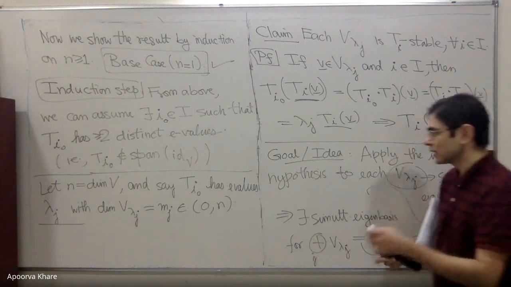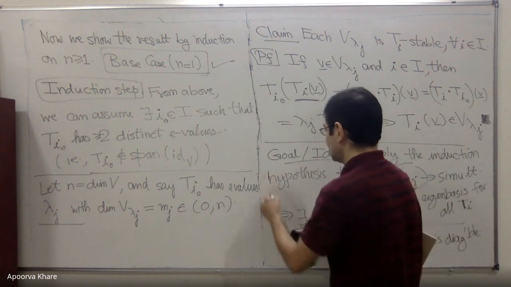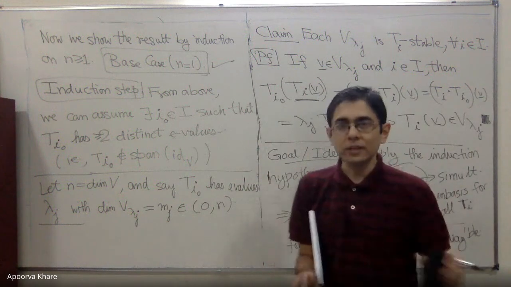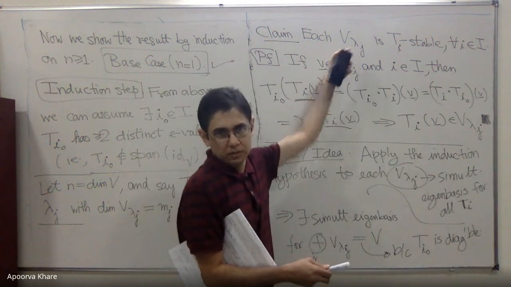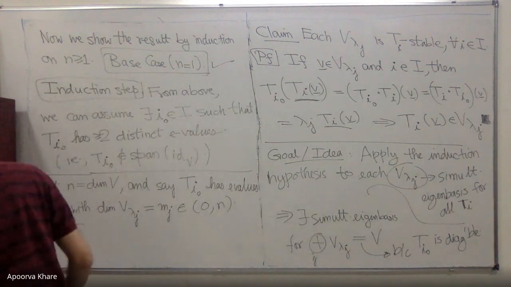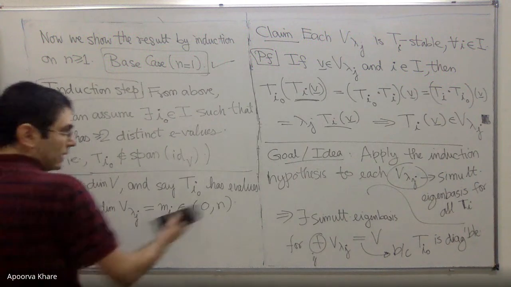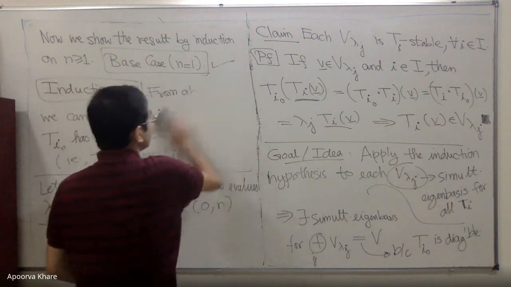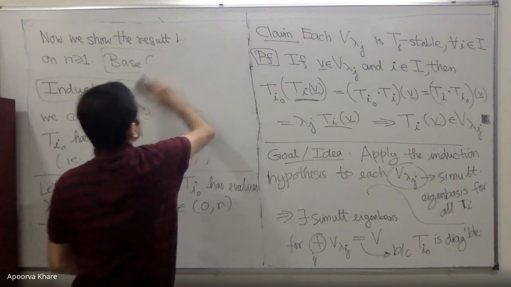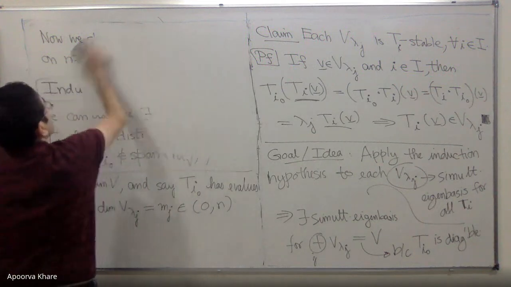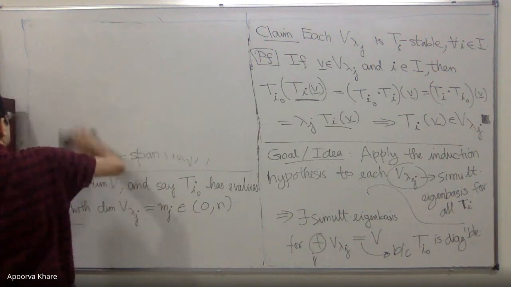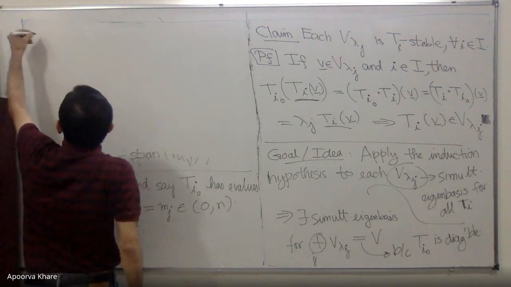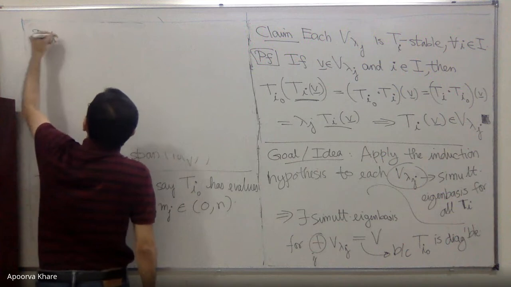But to apply the induction hypothesis, you need to prove that each Ti is diagonalizable on the subspace where it is stable. So for this it remains to prove that each Ti is diagonalizable on each V lambda j.